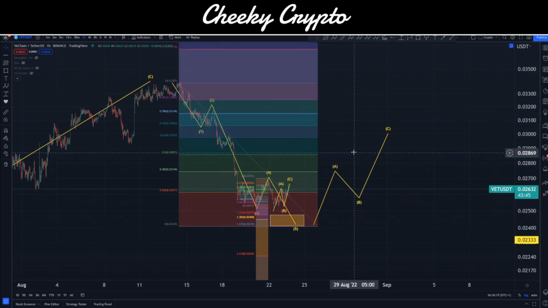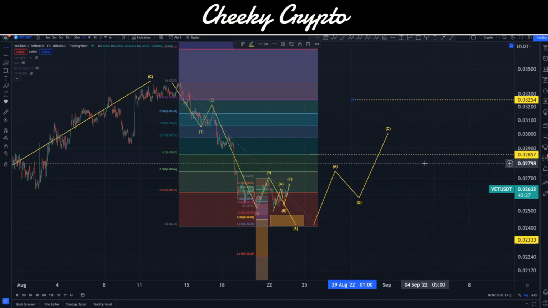I would expect 50% personally, but again, if it's a B-wave structure, that would be slightly more complicated or unpredictable in the way that it works. We'll be looking at maybe 2.857 on a kind of 50% level, but it could also retrace as high as our 88.2% under a wave 2 structure. That would put us at 3.254. Okay, so a good momentum to the upside to be had here.